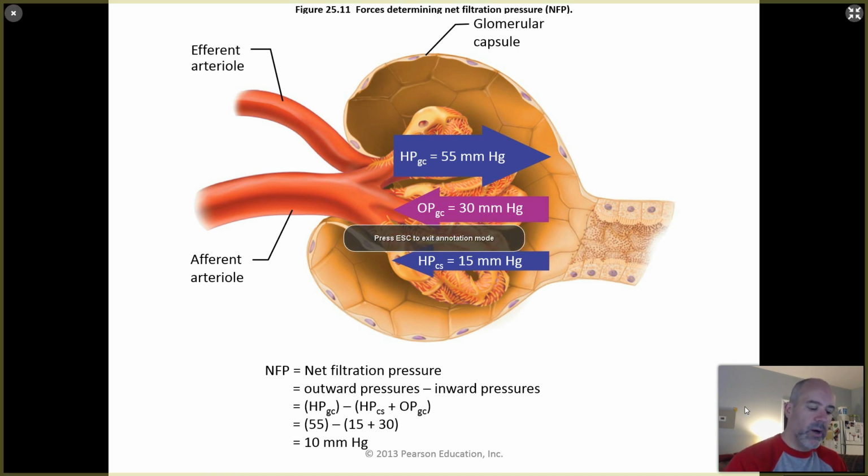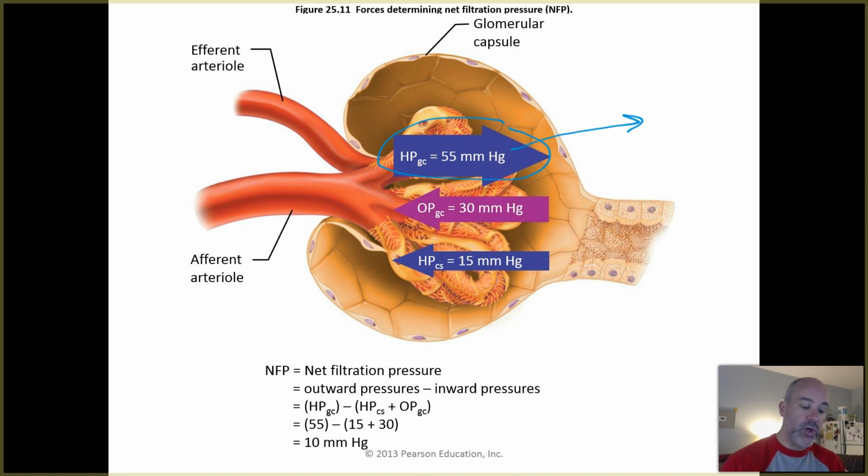All right, so within the glomerulus, you've got this hydrostatic pressure that is pushing fluids and solutes out. Osmotic pressure, this is the osmotic pressure within the glomerulus. So the blood that is passing through the glomerulus has a high osmotic pressure. And again, that's the colloid pressure that's due to the protein molecules that are not getting filtered out. Those proteins are attracting water back into the glomerulus.